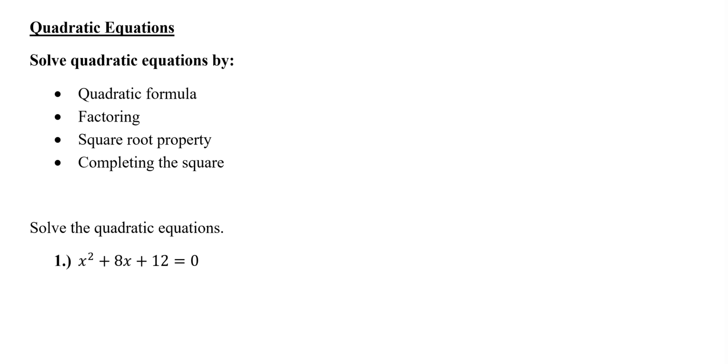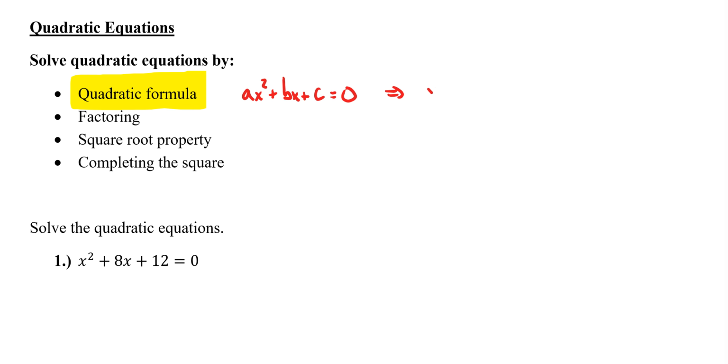So the first way that I have here is the quadratic formula. It's this formula that comes from completing the square on your basic quadratic equation. So for example, if you're solving ax squared plus bx plus c equals 0, that's a quadratic equation. a, b, and c represent numbers.